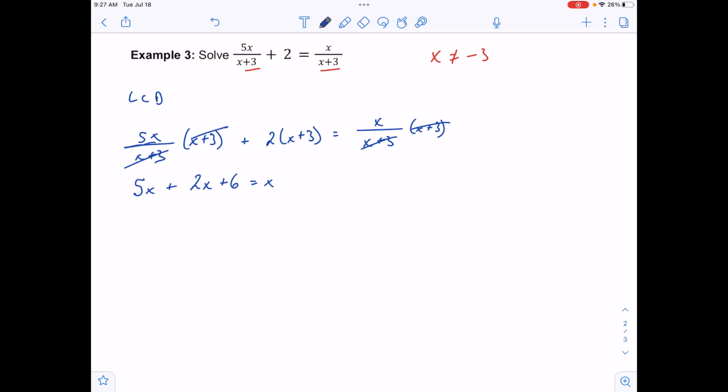I'm going to rearrange and move everything over to the other side. So I'll have a 5x plus 2x plus 6 minus x is equal to 0. And simplify. 5x plus 2x, 7x minus x is 6x. And I'll put my 6 on over to be negative 6, so x is equal to negative 1.